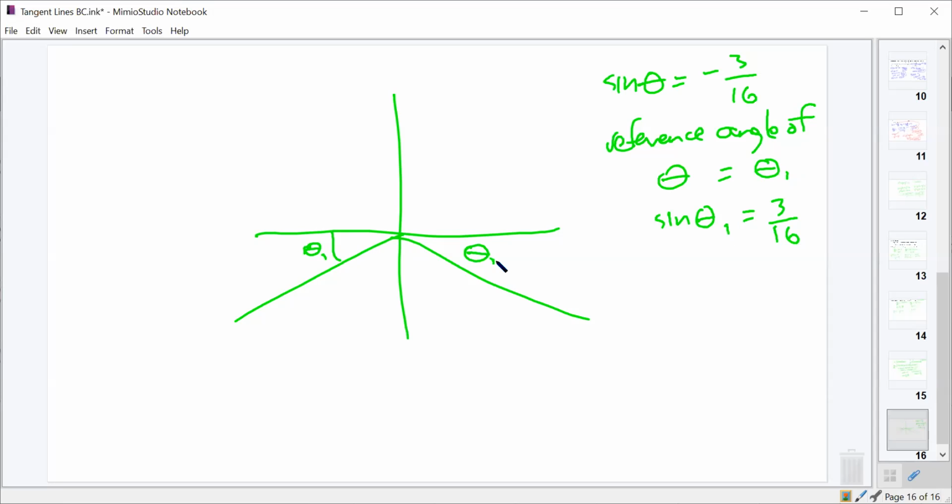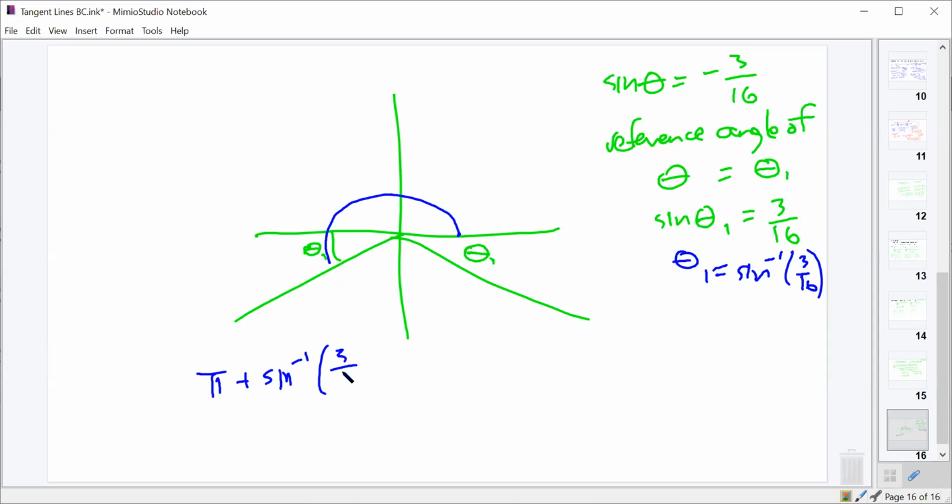And so if we're talking about the actual angle measure of the one that goes into the third quadrant, from here to here, that one should be pi plus whatever the angle of theta 1 is, and theta 1 is the inverse sine of 3/16. So this blue angle should be pi plus the inverse sine of 3/16.